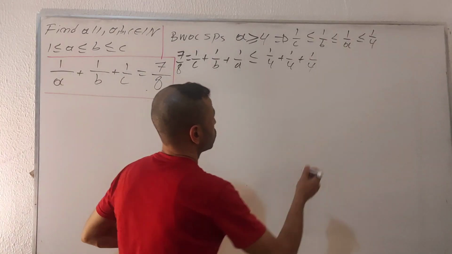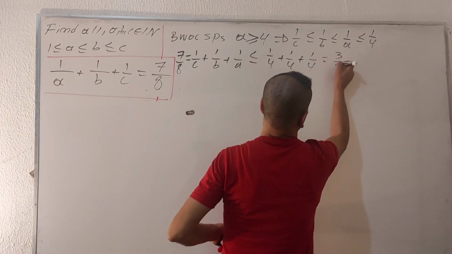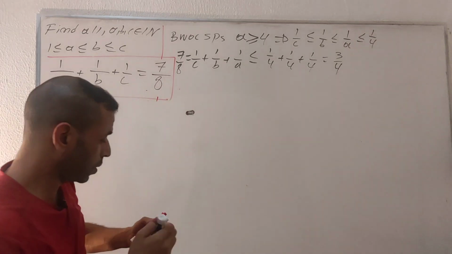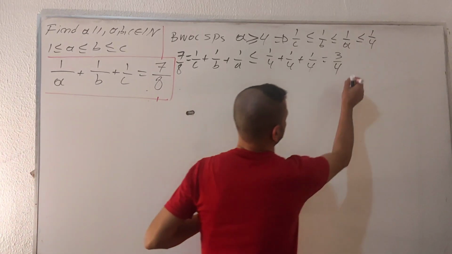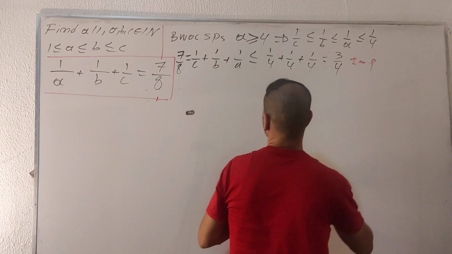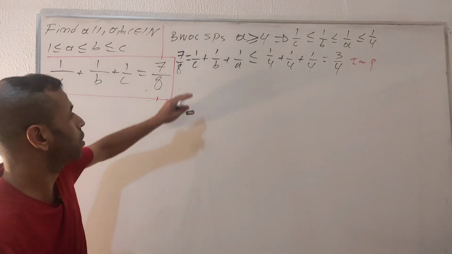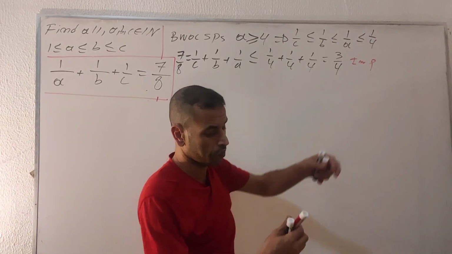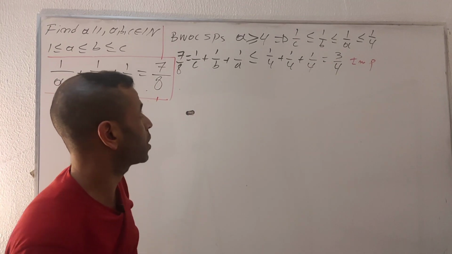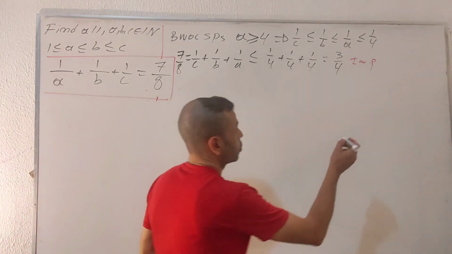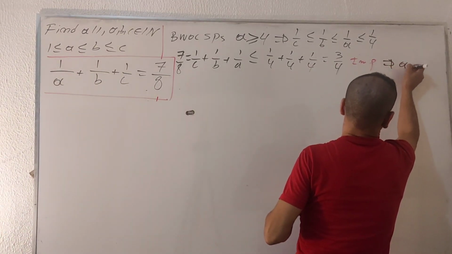So this is giving us 3 over 4. But this is impossible. Why? Because 7 over 8 is bigger than 3 over 4. So A cannot be superior or equal to 4. This is telling us A must be inferior or equal to 3.